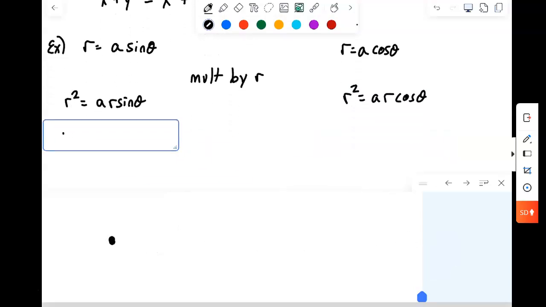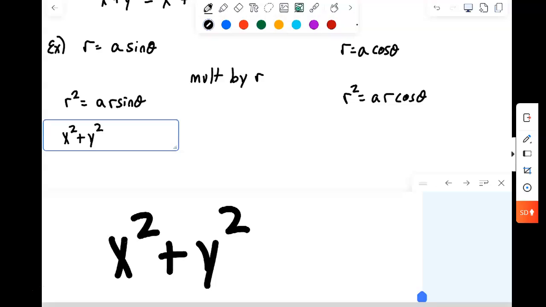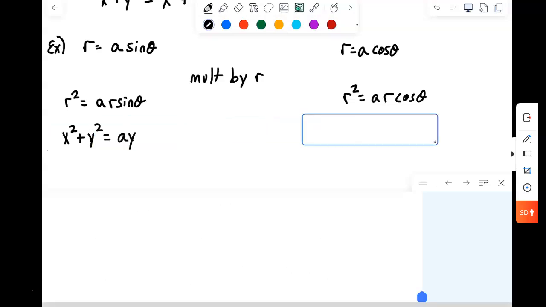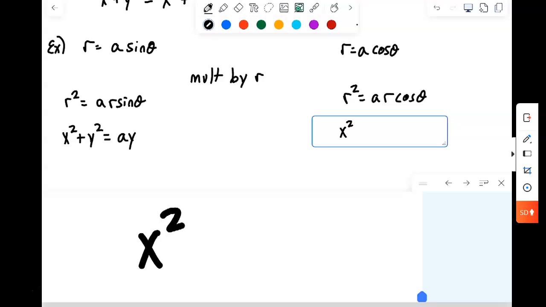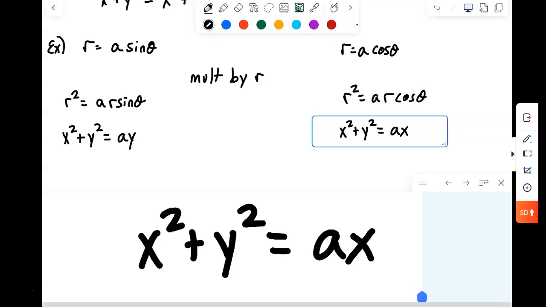Simplifying, we would get x squared plus y squared equals a times y, and over here, x squared plus y squared equals a times x. It turns out equations of this format in xy form are actually just circles. If, for example, a was equal to 2, you could bring that over, and you'd find out that this is a circle. You'd have to complete the square to graph it, but these would both be circles.